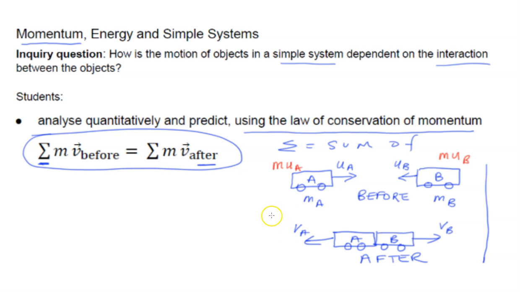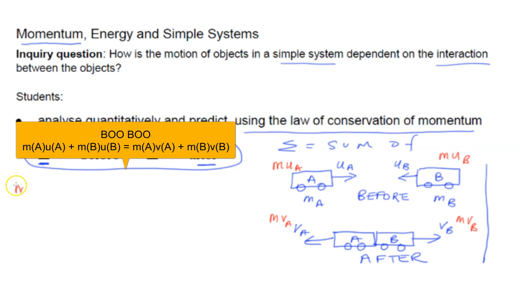Then afterwards, we've got the momentum of object A and momentum of object B. If we expand this out, we've got the momentum of object A plus the momentum of object B before equals the momentum of object A plus the momentum of object B afterwards.